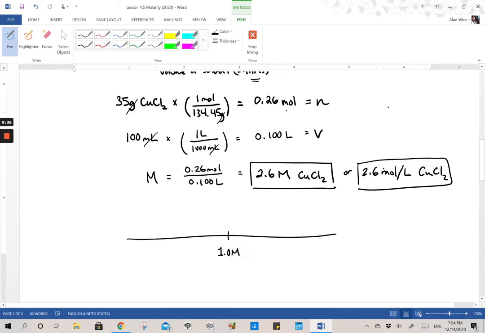So anything that's 2.0 molarity, 3.0 molarity, going in this direction as the number gets higher, it means more concentrated.